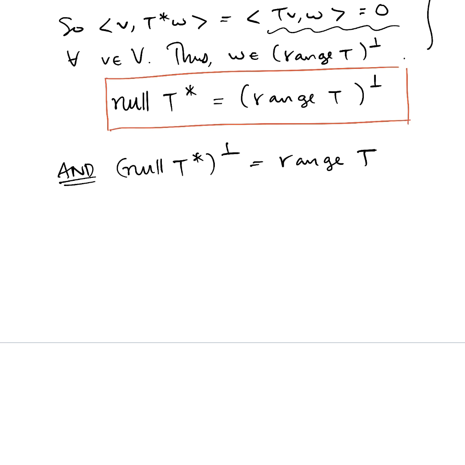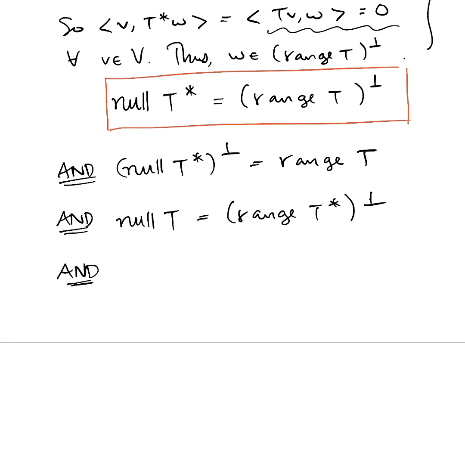But in the red box, instead of perping both sides, what if you just switch the roles of T and T star? Look at that red box and change all the T stars to T's and all the T's to T stars. Then you get null T is range T star perp. And then if you believe that one, you could perp both sides of that if you felt like it.